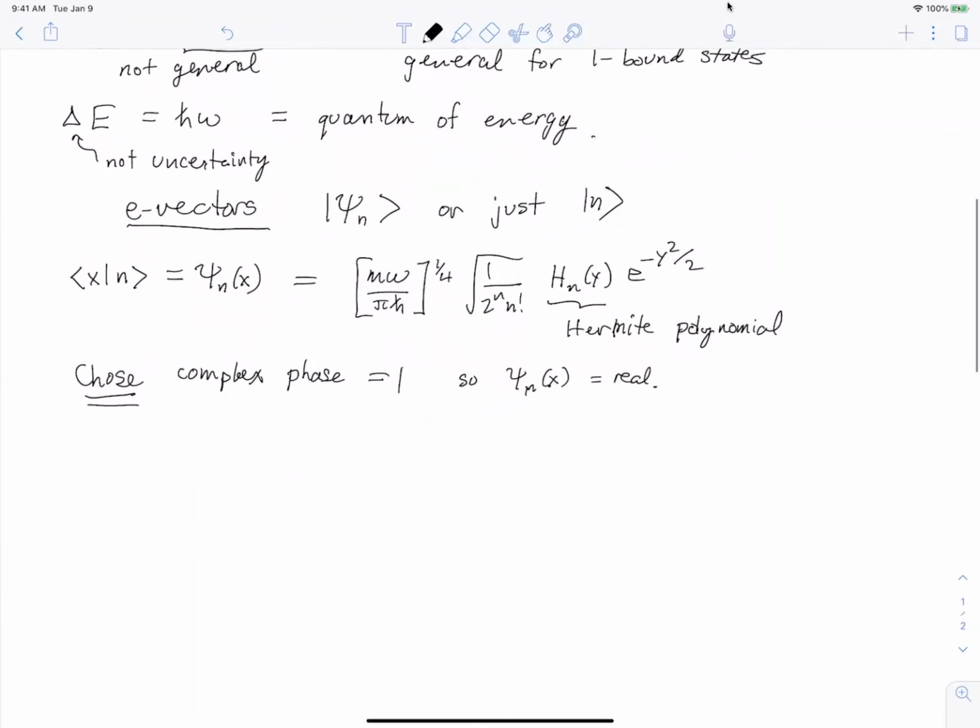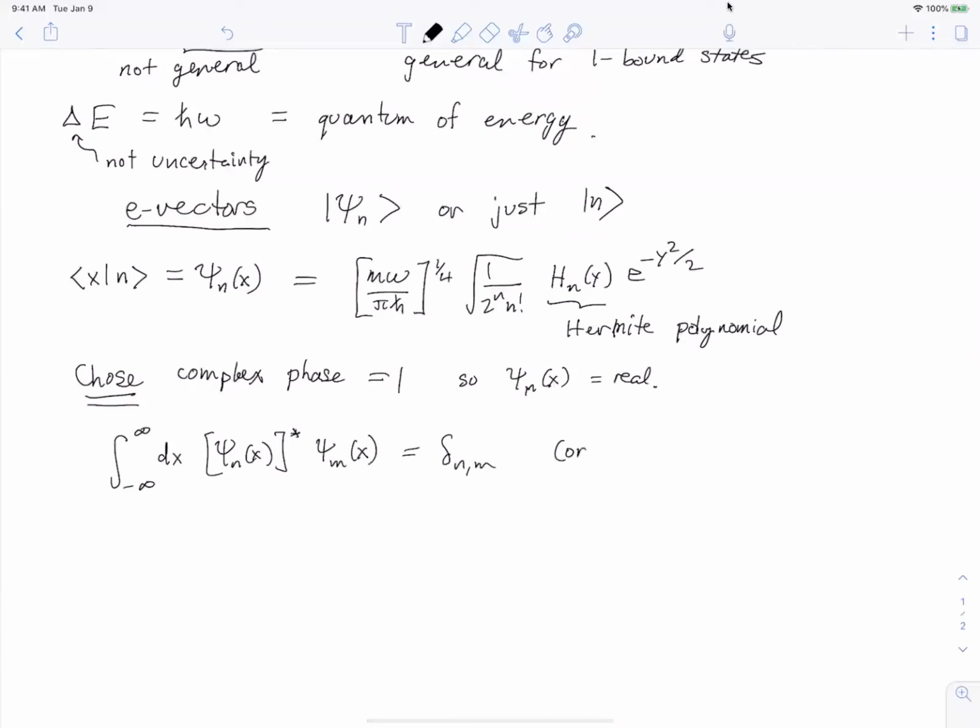So in general, for a complete set of states, we should check orthonormality, which in this case looks like the following. We do an integral over all x, psi n of x star, psi m of x. That's delta nm.